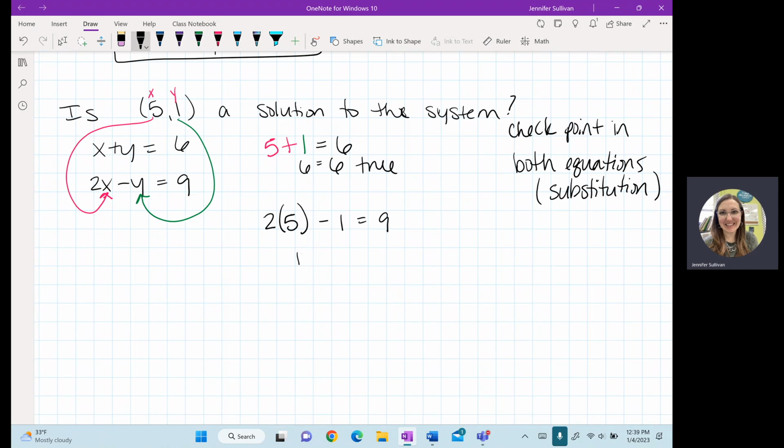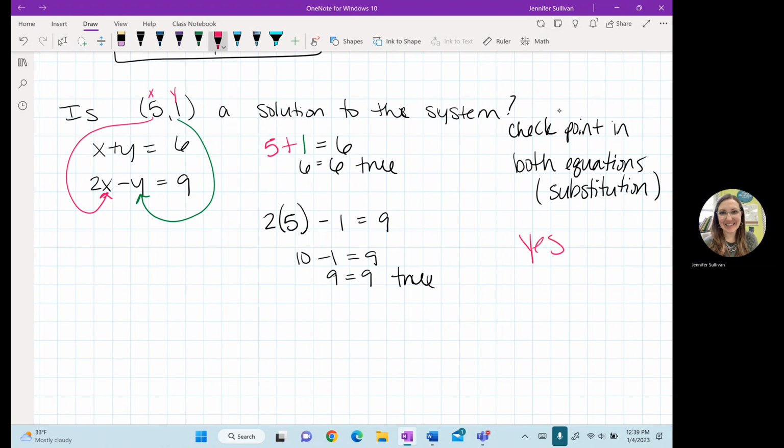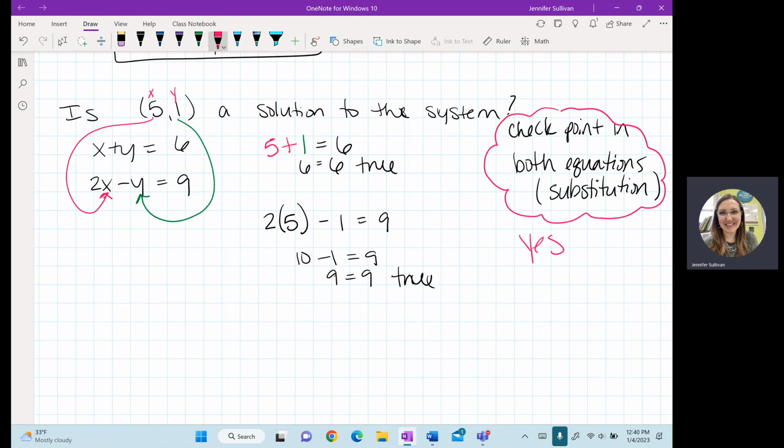Well, 2 times 5 is 10. Minus 1 is 9. So 9 equals 9. So true. So when it's true for both equations, then it's true for the whole system. So is this a solution? Yes, it is, because we checked the point in both equations.